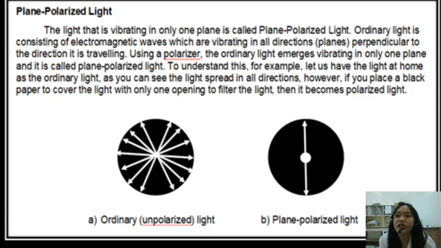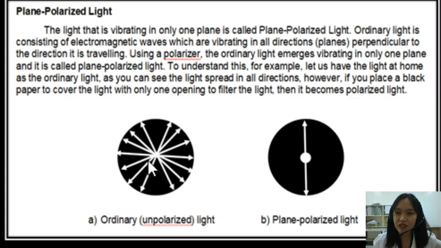Yung ordinary light natin or unpolarized light, ordinary light consists of electromagnetic waves which are vibrating in all directions or planes perpendicular to the direction it is traveling. Nakita nyo, ito ang ordinary or unpolarized light natin. For example, the electromagnetic waves ng ating normal light is vibrating in all directions. Kita nyo?